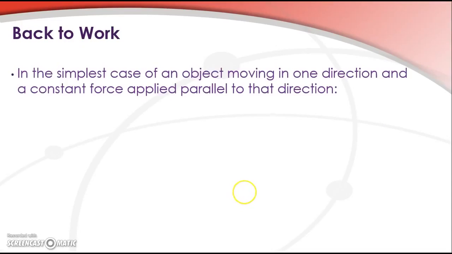Okay, back to work. So we can talk about work then. The simplest case of calculating work: we can say if an object is moving in a direction and we apply a constant force parallel to that direction, we can define work as work equals force times the distance over which that force was applied.